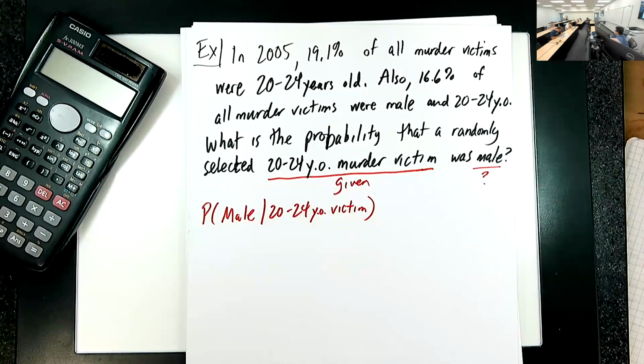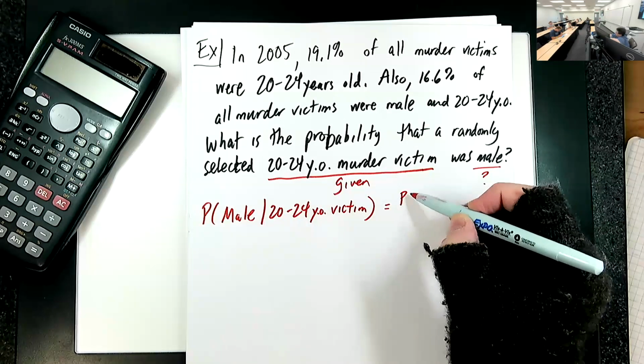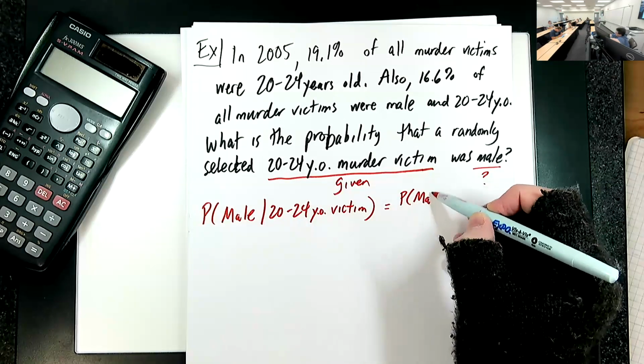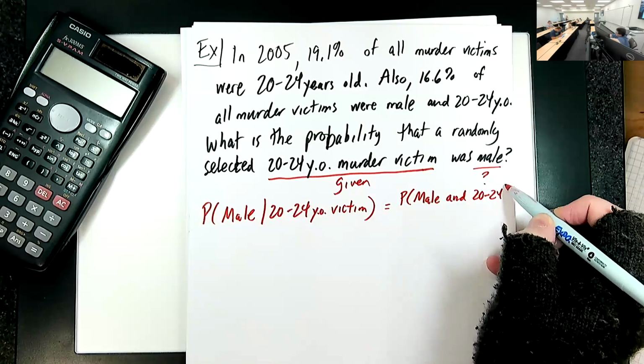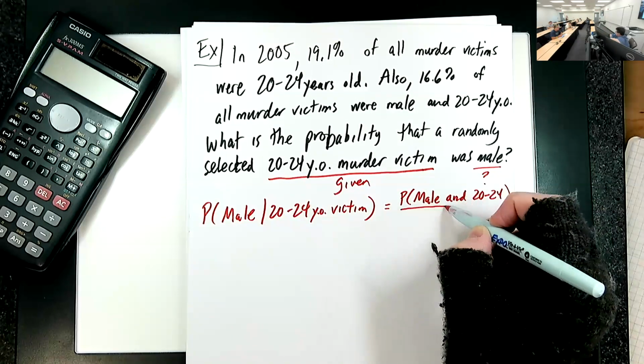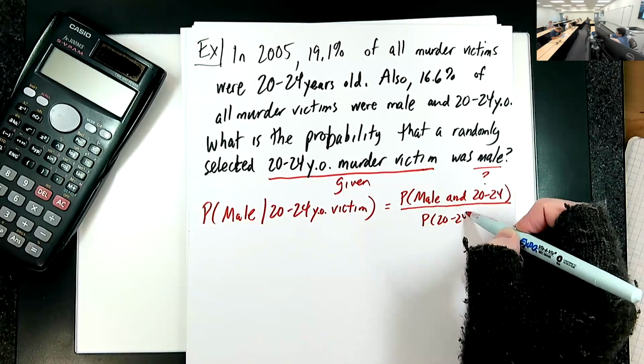Here we don't have the numbers, so we have to use the probabilities they give us. This is the probability of both male and 20 to 24 years old, from our formula, over the probability of a 20 to 24-year-old victim.